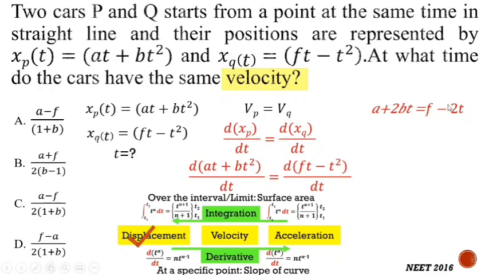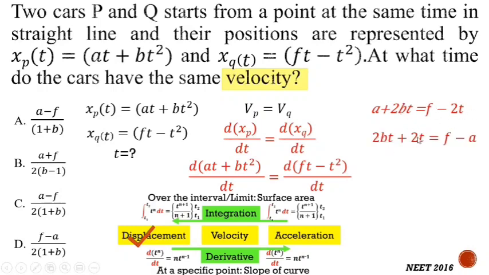Minus, in this case the t square will have derivative equal to 2t, because we multiply with the power and reduce the power. The existing power is 2, so we multiply with the power and reducing the power by 1 gives t. So it is 2t now.